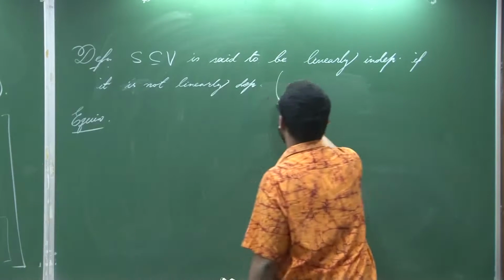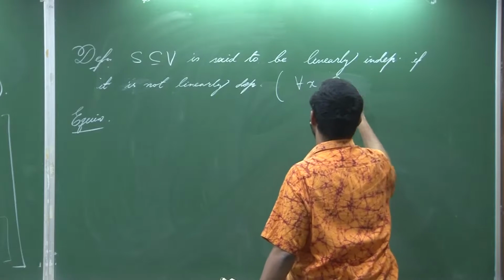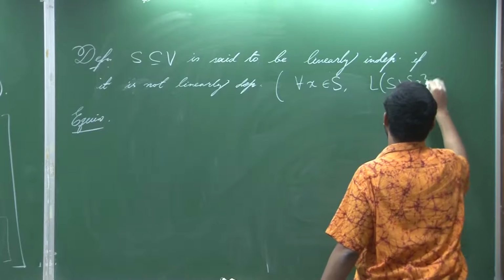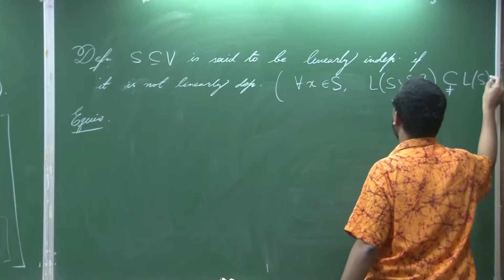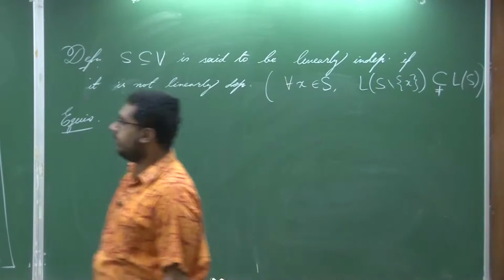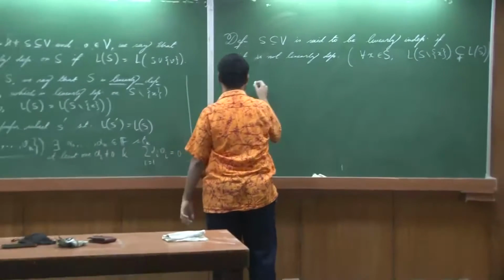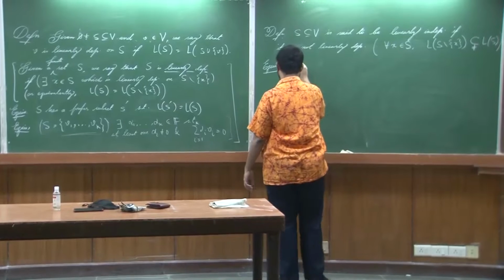Again, here it means not dependent: for every x in S, L of S minus x will be a proper subset of L of S. This is just the negation of the earlier condition.